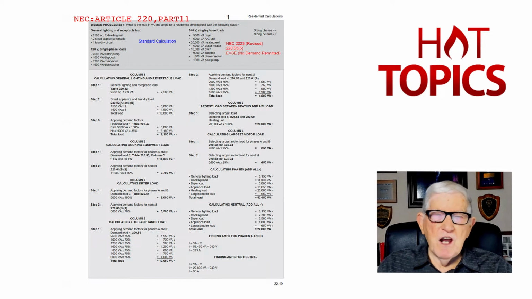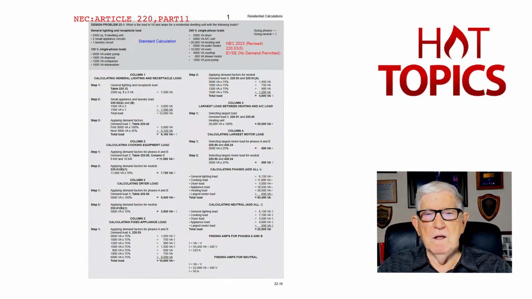Now there's been a change in the 2023 NEC that says any type of electrical car outlet for an electric car cannot be considered a fixed appliance load. It would be like a direct circuit type load that you would look at there under most conditions. So we pick up then after we take everything at 75% because we have 4 more, we come up with 10,650.